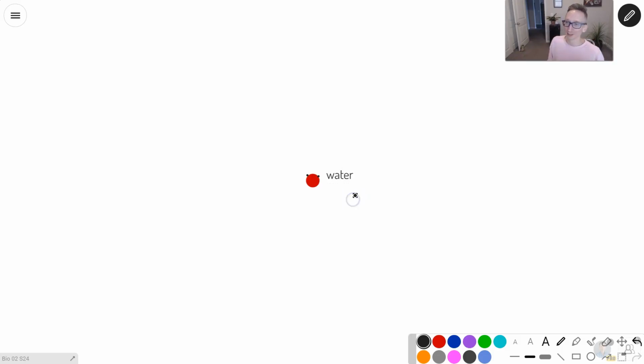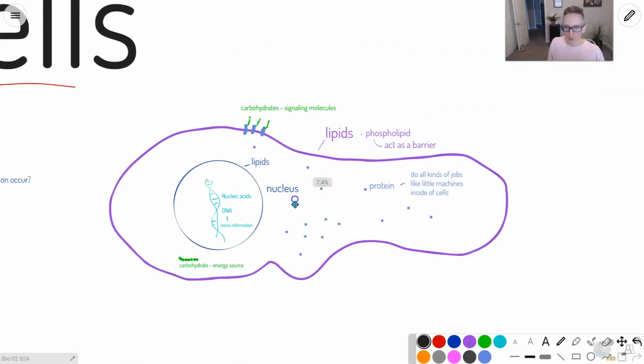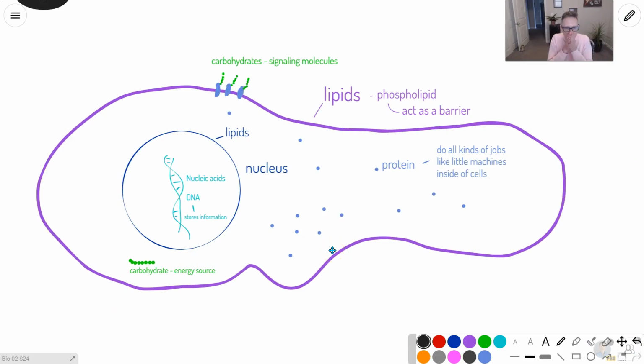So it's made out of atoms, small molecules, as well as our macromolecules. All right, pretty crazy stuff. It's actually not that complicated in theory to make a cell.